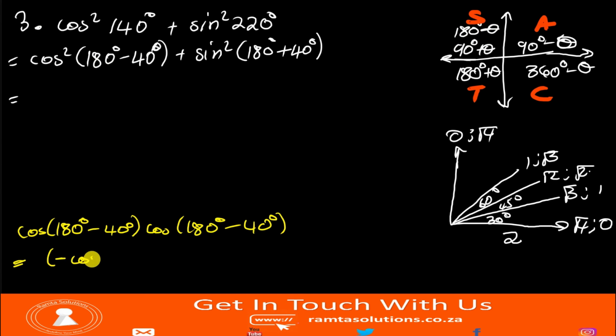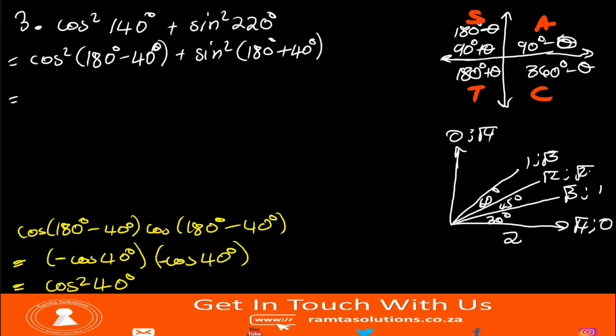It will be negative cos 40 degrees times negative cos 40 degrees. Negative times negative is positive, so you have cos squared 40 degrees. So when you have a square, don't worry about the signs, as it will always return positive.